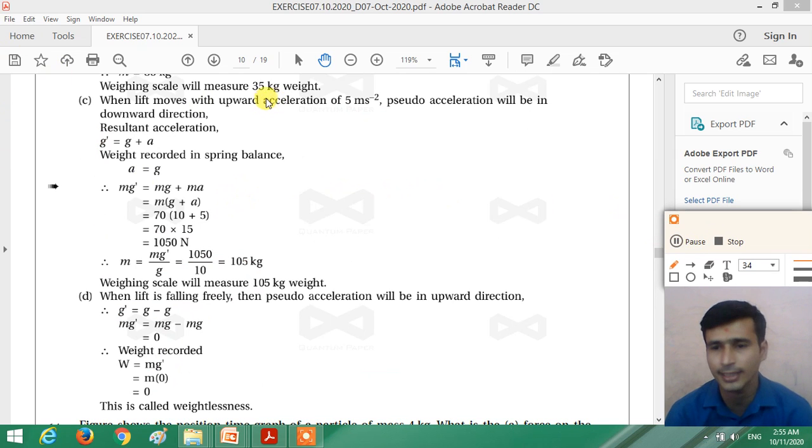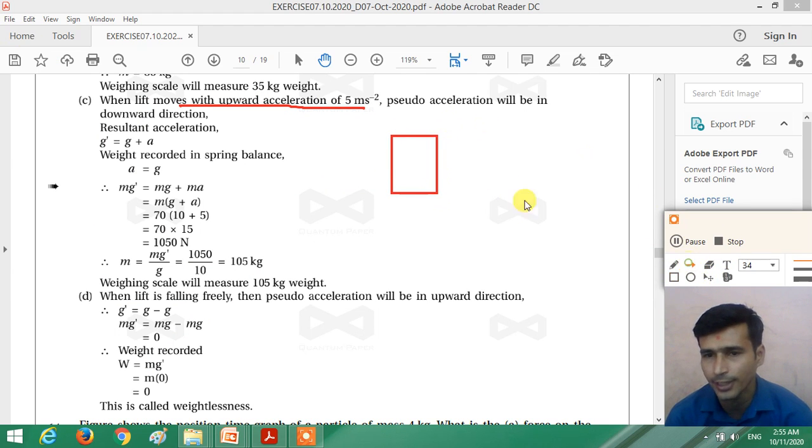Now dear student, let us take the third situation when the lift moves in the upward direction with the acceleration 5 meter per second squared, right? Considering the lift is moving in the upward direction with acceleration a equal to 5 meter per second squared, the weight of the person is always in the downward direction, mg, but when the lift is moving in the upward direction, the pseudo acceleration a is also in the downward direction, and the weight of the person is increased by ma.